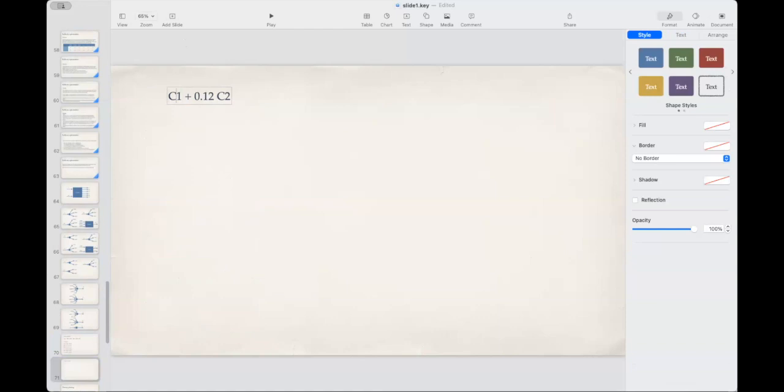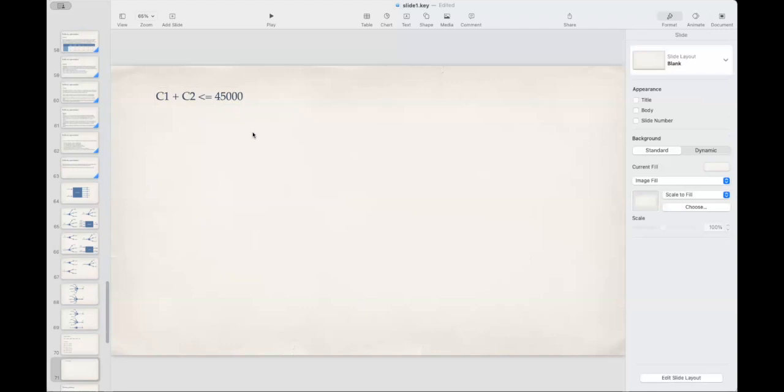C1 plus C2 must be, not equal, less than what? 45,000, right?